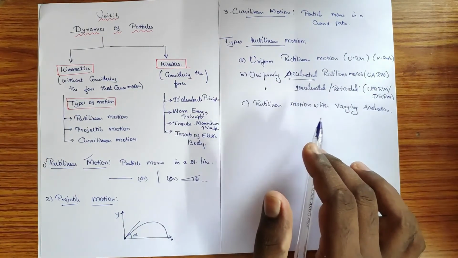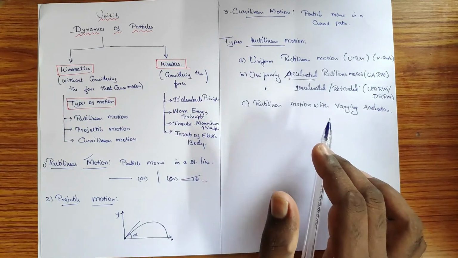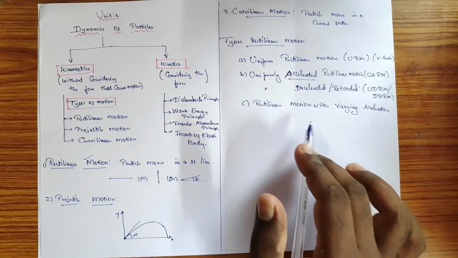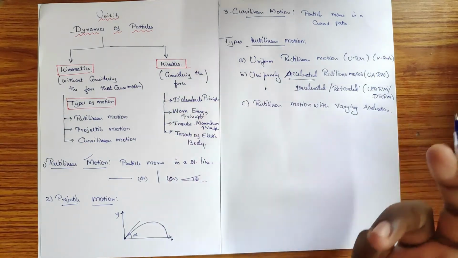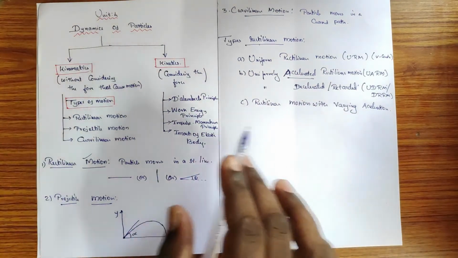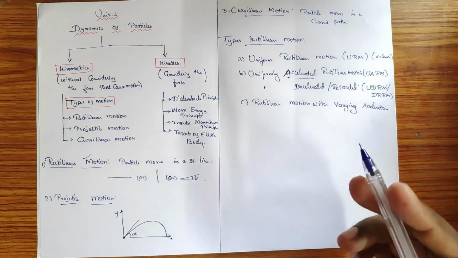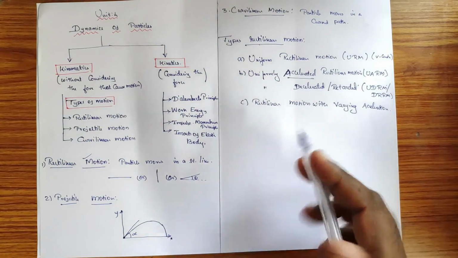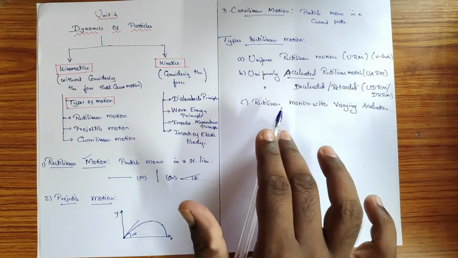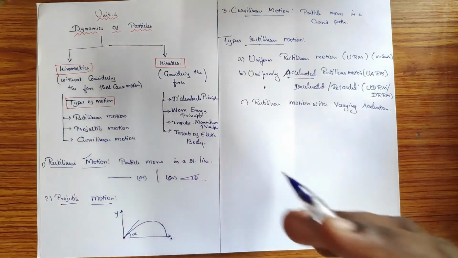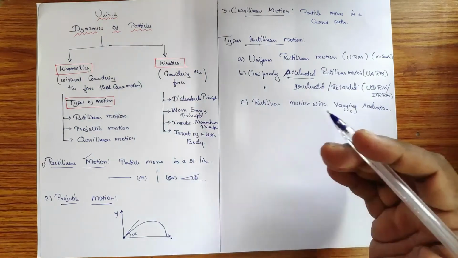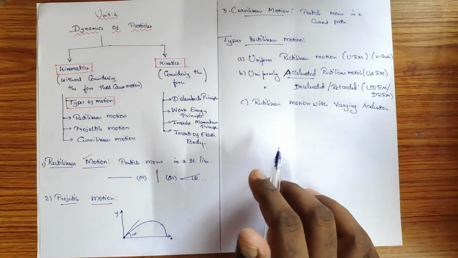Here, if the particle moves on a straight line and changes its acceleration from instant to instant, and also changes its velocity from instant to instant, then this type of motion can be described with position as a function of time, and it is called rectilinear motion with varying acceleration.